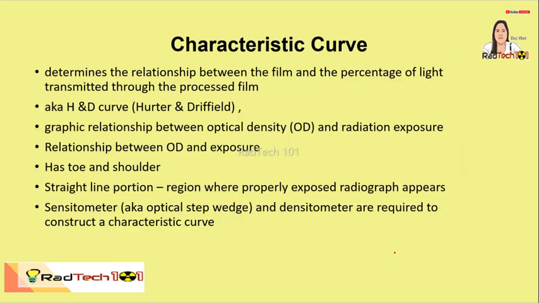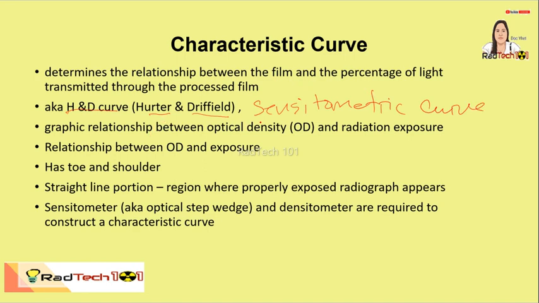Next, we have the characteristic curve. So other terms for characteristic curve is H&D curve or Hurter and Driffield curve. And another one is sensitometric curve. So, bali ito yung other terms na characteristic curve.